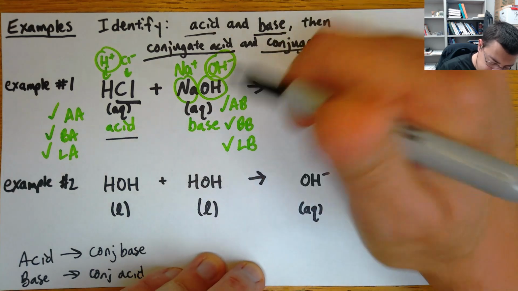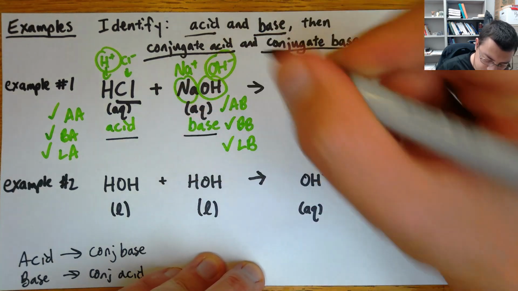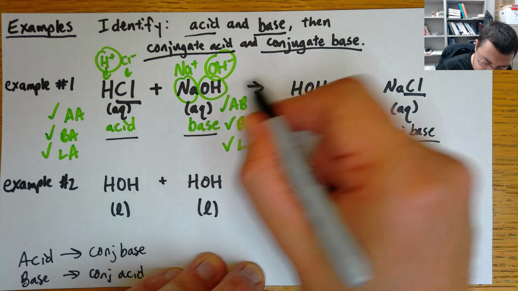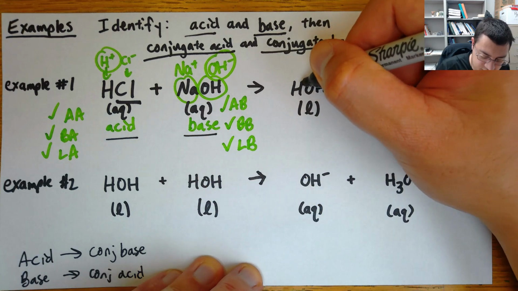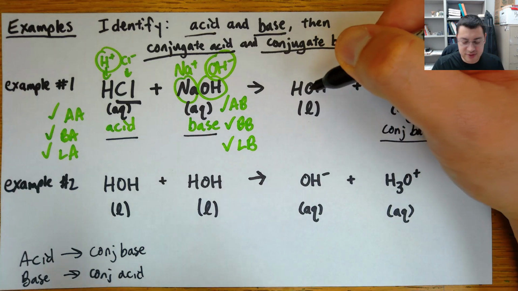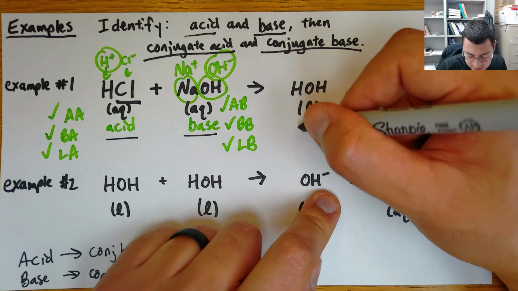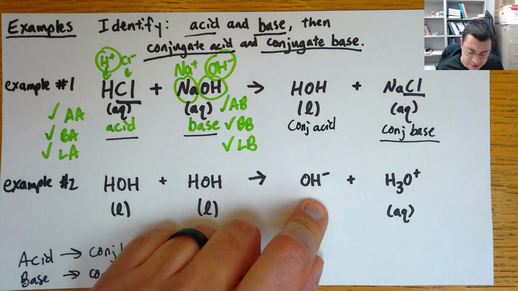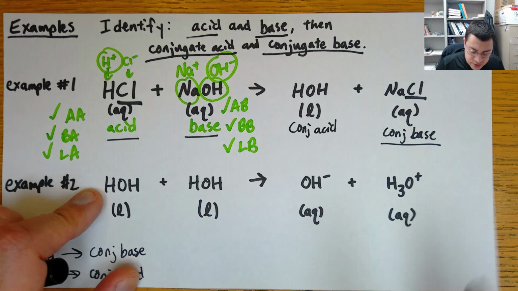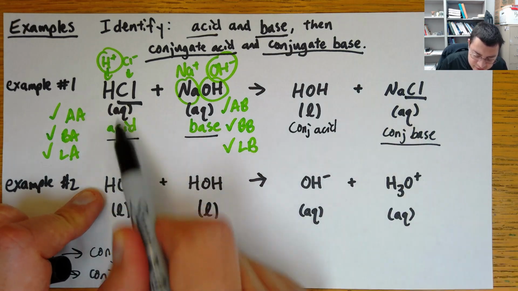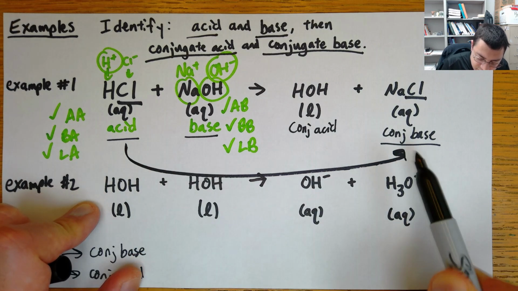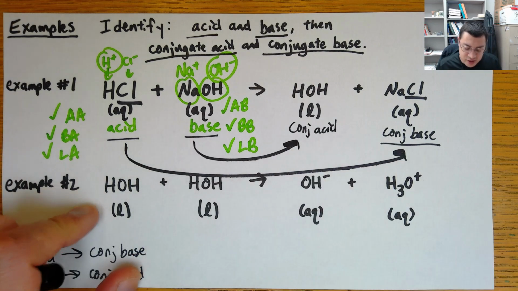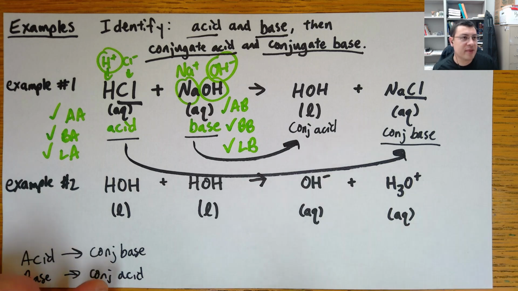Hydroxide here started out as a base, but at the end of the reaction, it now has a H plus on it. And if you have an H plus, that means you're an acid. So this would be the conjugate acid. All right, so you just follow the anions to figure out its conjugate form.